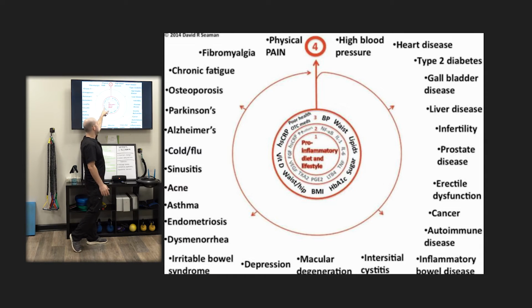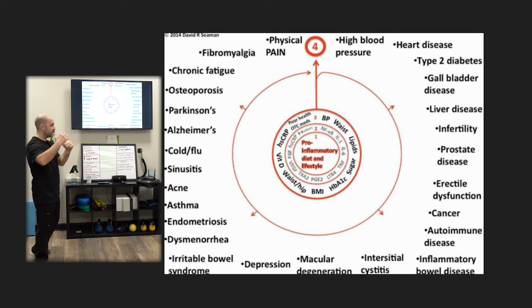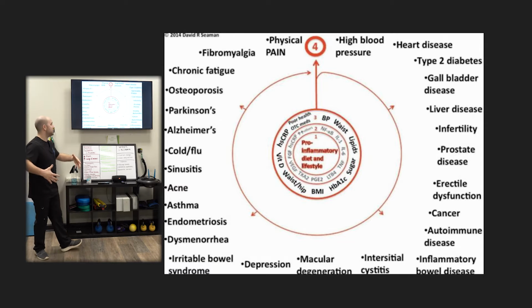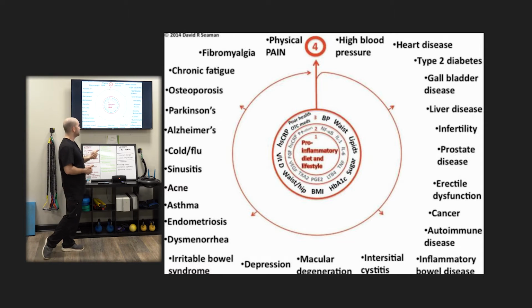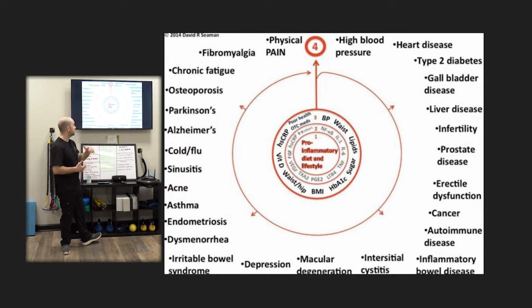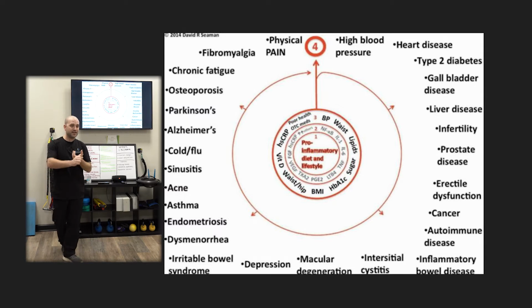We see vitamin D deficiencies coming up. We start to see an imbalance of blood lipids. The waistline starts to increase. Blood pressure starts to rise. BMI goes up. Hemoglobin A1C will go up. Blood sugar dysregulation. People are taking over-the-counter medications like antihistamines.